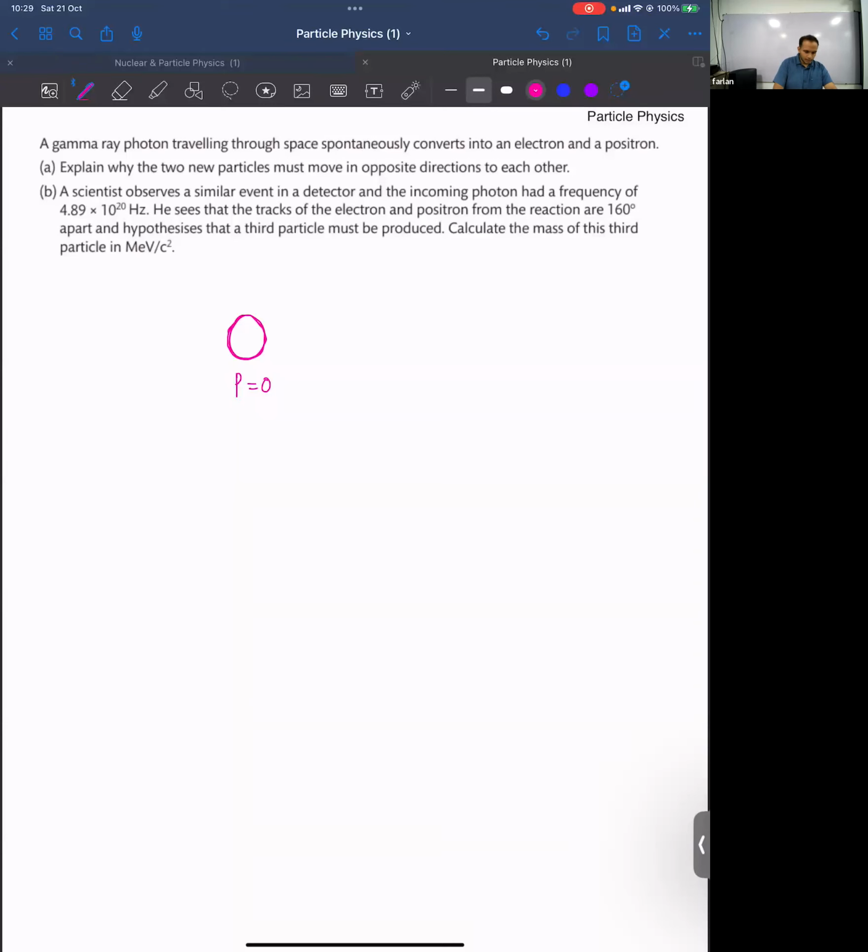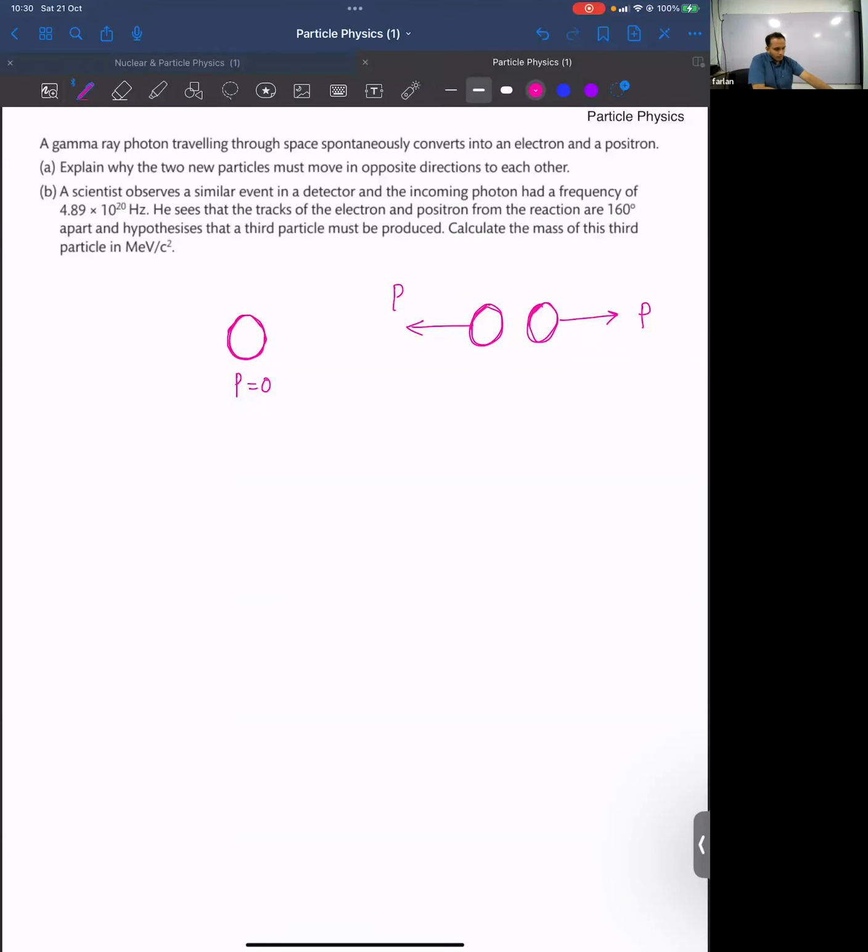So after the collision, if you want the momentum to be conserved, if one particle is moving with a certain momentum, the other particle has to be moving exactly in the opposite direction with the same momentum. Then only will the total momentum be 0, right? Yes or no? So for the momentum to be conserved, similar to an explosion.